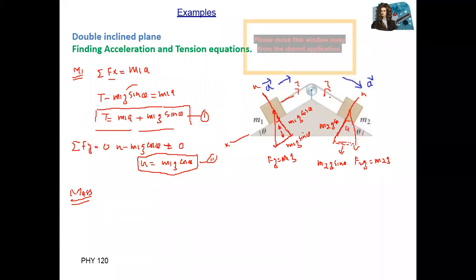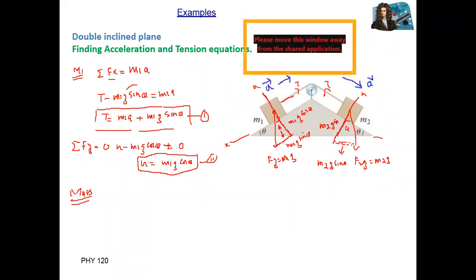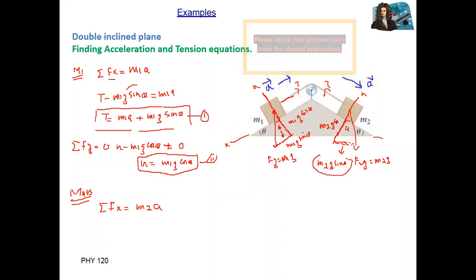So how many forces are on mass number 2? First, I will consider along the x-axis. The sum of all forces along the x-axis equals m2a. There are two forces: one is this component m2g sine theta, and the tension force.